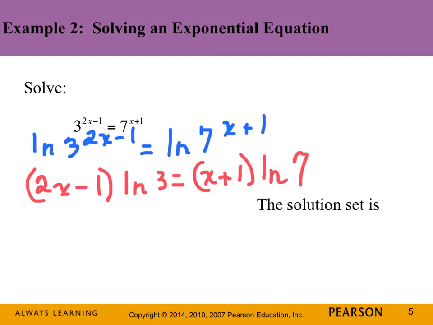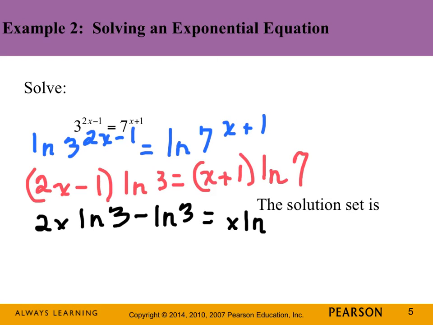Then we want to use the distributive property on both sides. 2x natural log of 3 minus the natural log of 3 equals x natural log of 7 plus natural log of 7. And no, that is not the solution set. That's just something that was left on the slide.